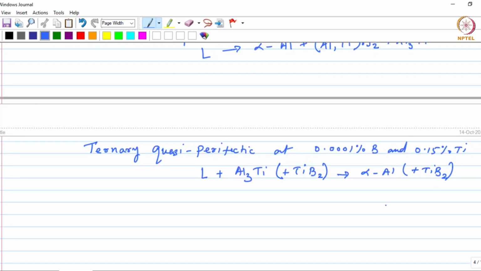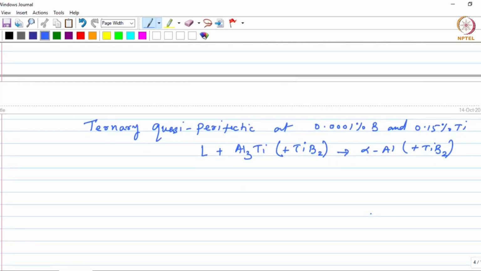And Al3Ti, we can see it is always there because, as we have discussed before, it has a low registry with aluminium. For TiB2 we have seen it was around 5.9%.